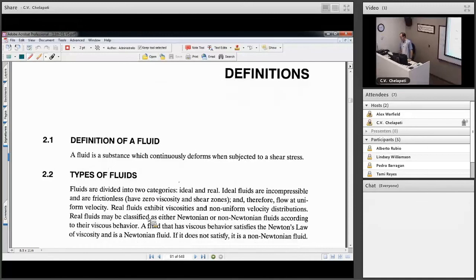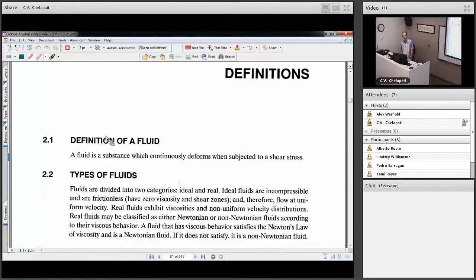The definition of a fluid is that if you apply a shear stress to it, it continuously deforms. What that means is that if we had a fluid element here, assuming it could stand up as a cube, and you applied a shear stress, not a normal pressure, but a shear stress, with a surface that you're shearing against, this element of fluid is going to deform.